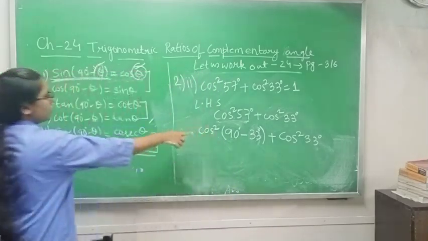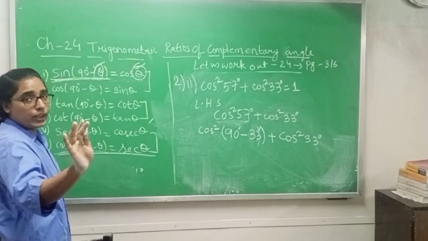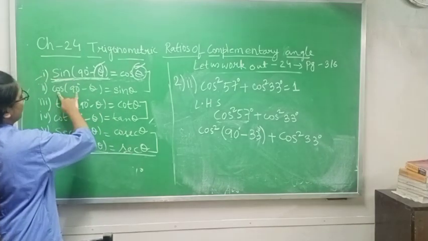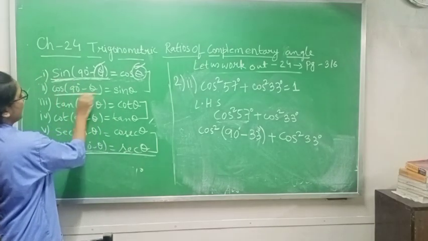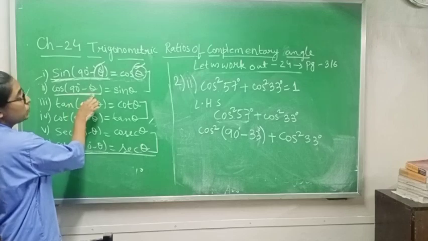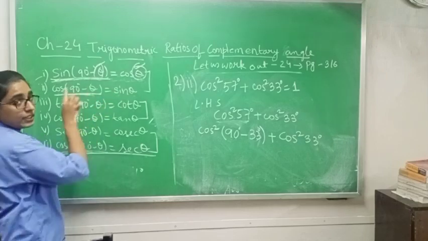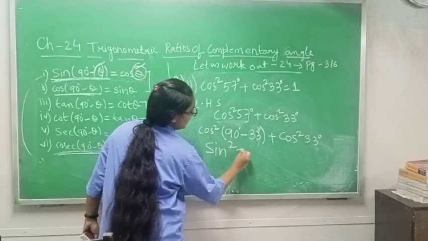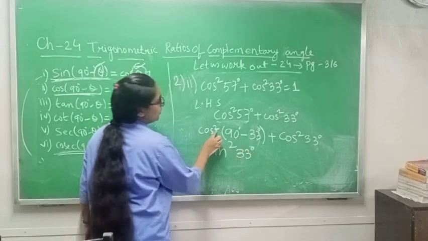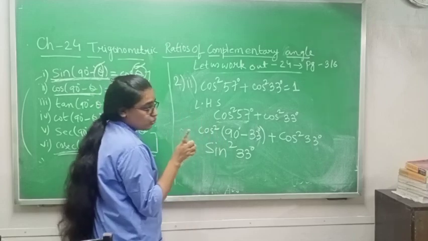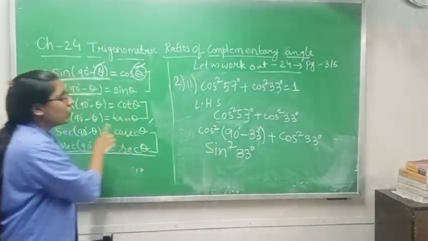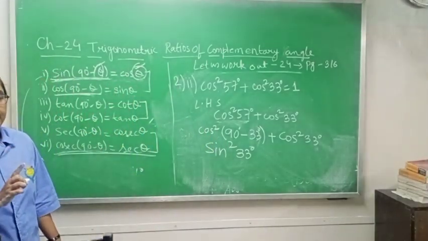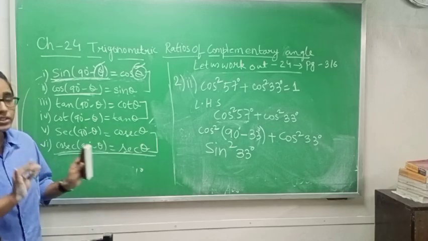Now, if it is cos 90 minus theta, don't see this square. Okay? Cos 90 minus theta. So in this place, what can I write? Sin theta. So I am writing sin square, and theta is 33 degree. This square will remain as it is. When I am checking which formula we will apply, at that time I will not see square. It will remain as it is.